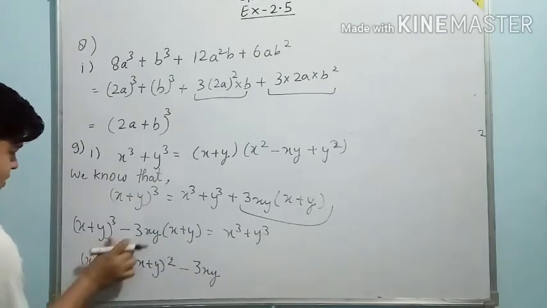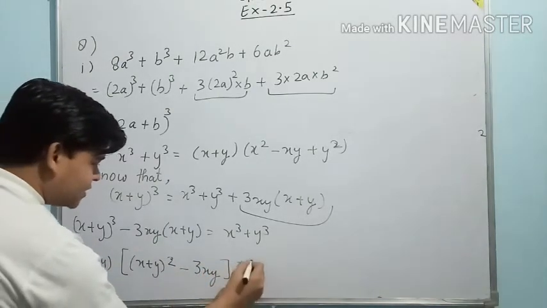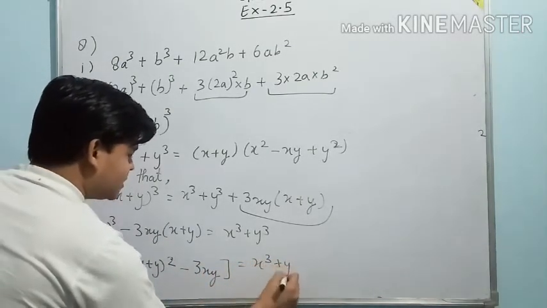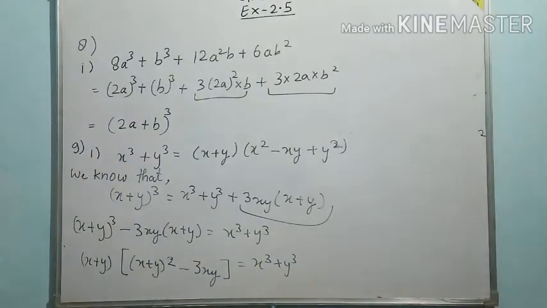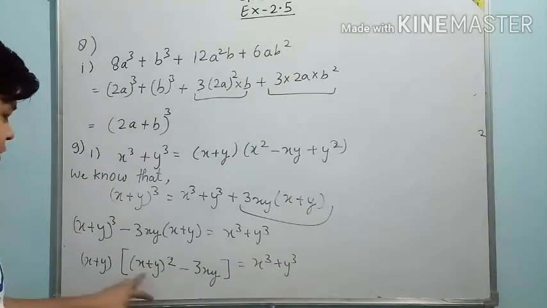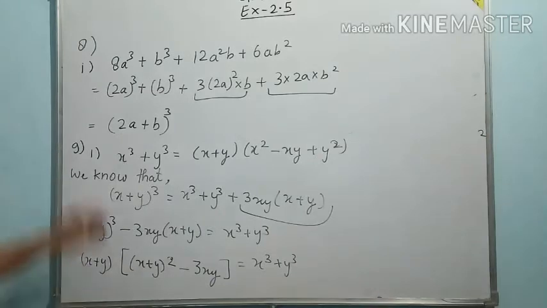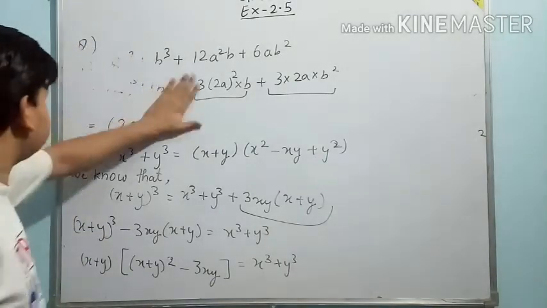Let me erase this, and now we are left with this, and this side we have x cube plus y cube, right? Now we open the bracket, this (x plus y) whole square here.